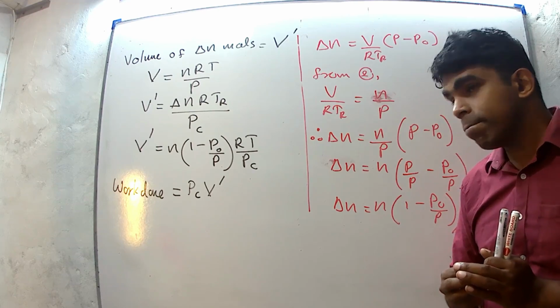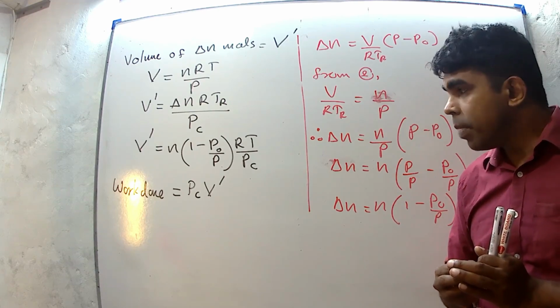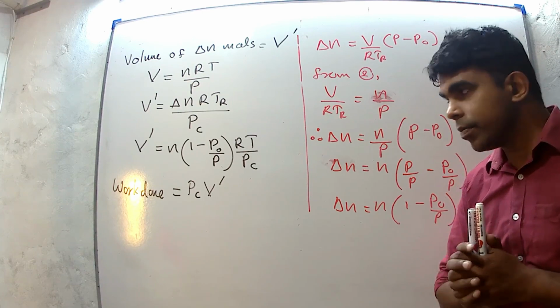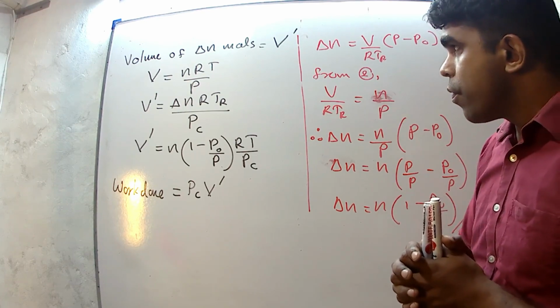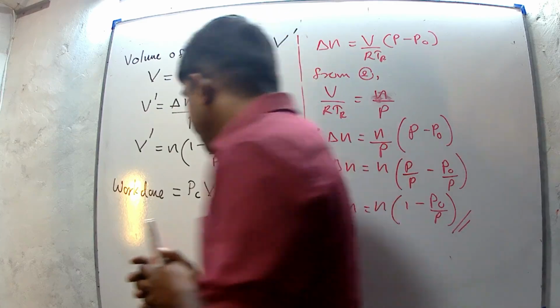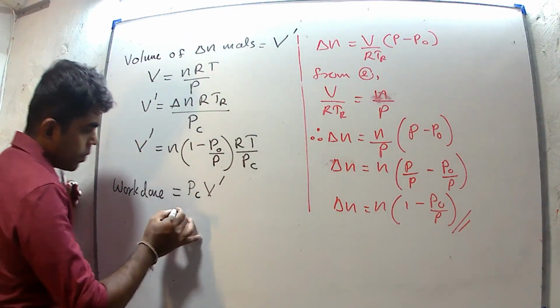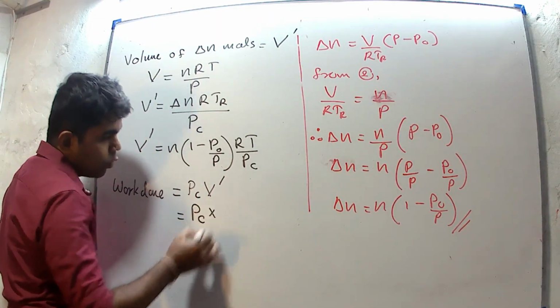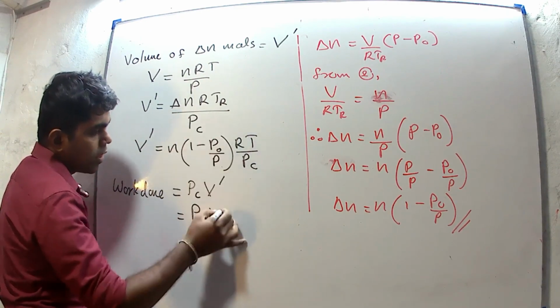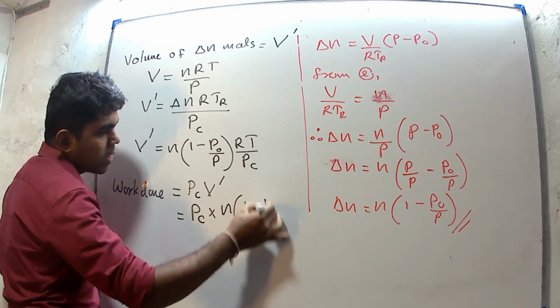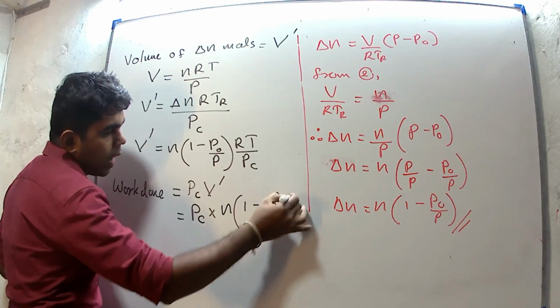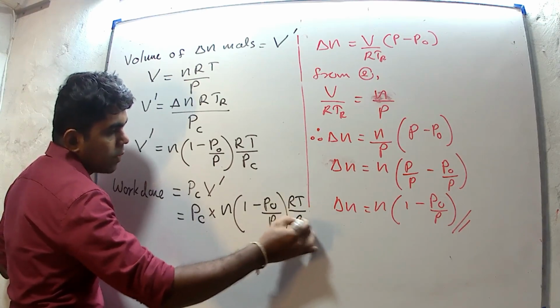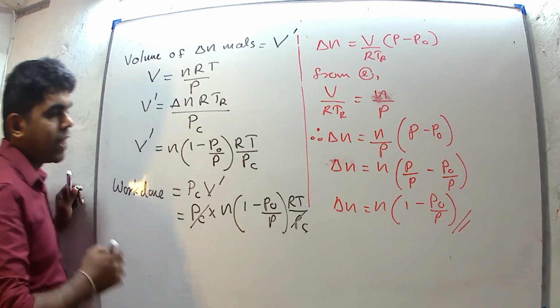Then PV product is the work done, Pc into, we can substitute V dash, N times 1 minus P naught over P RT over Pc. We can cancel out pressure of container.